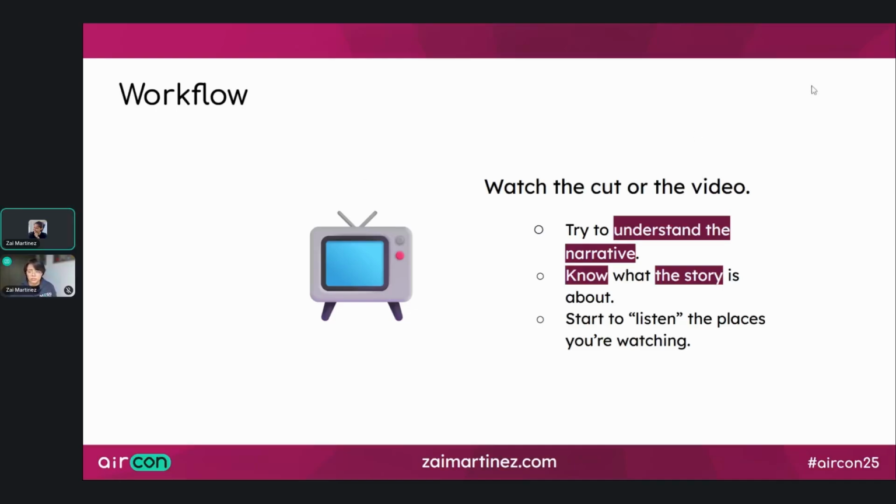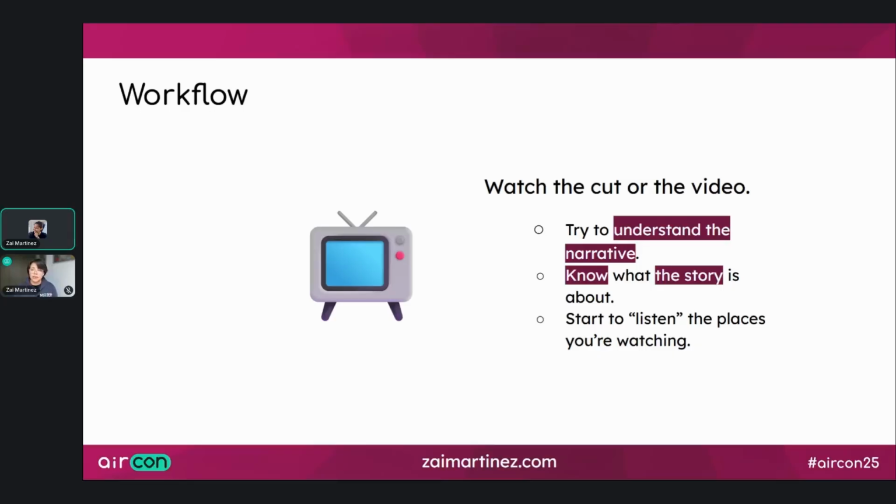So for example, as I am watching the cut or the video, I am making notes of this type of things. Like, for example, if I know that the main character lives in a luxurious area, I can start thinking about which type of cars I am going to put in the background, even which kind of birds, which kind of dogs, which kind of crickets, all of these notes.